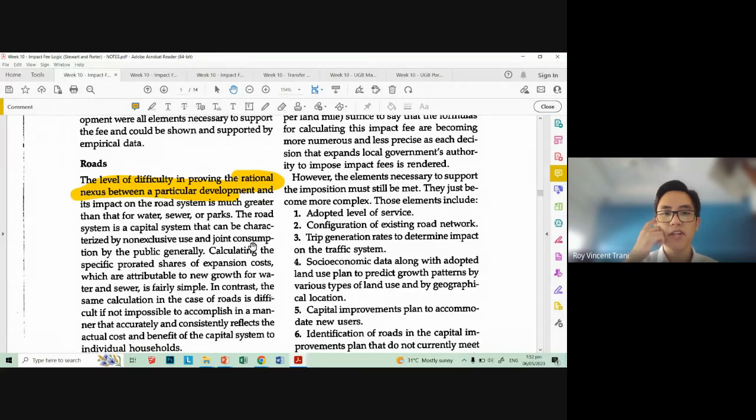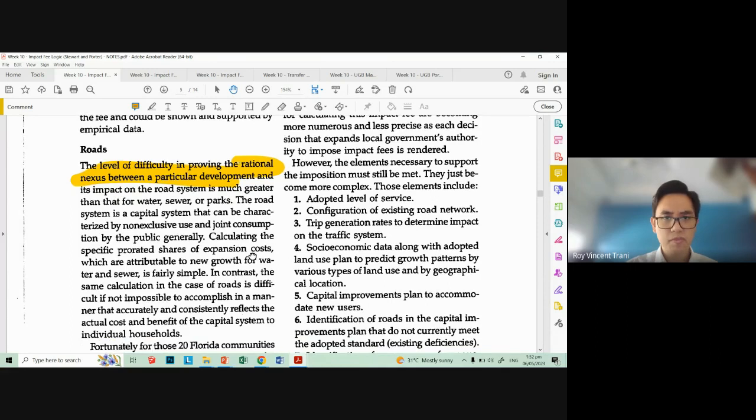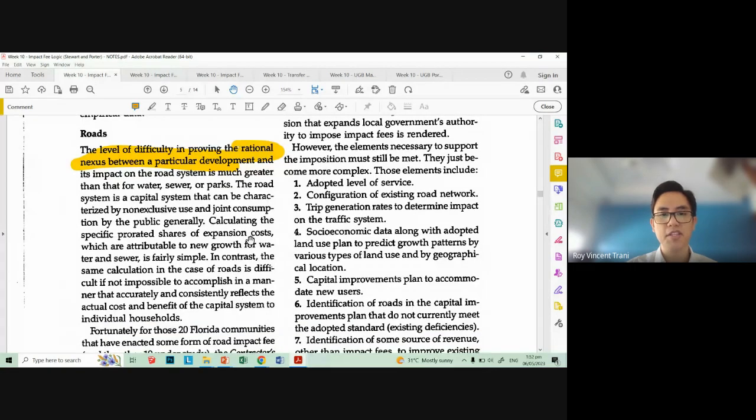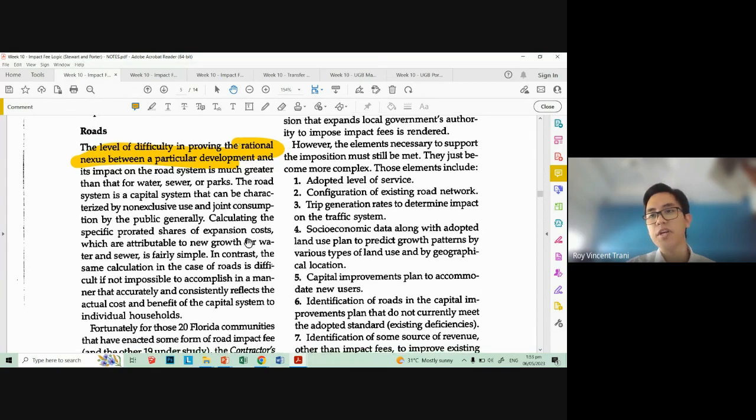So the level of difficulty in proving that principle, that rational nexus, is much greater than for water, sewer, or parks. This is because the road system is a capital system that can be characterized by non-exclusive use and joint consumption by the public. So with water, the end users are very obvious.